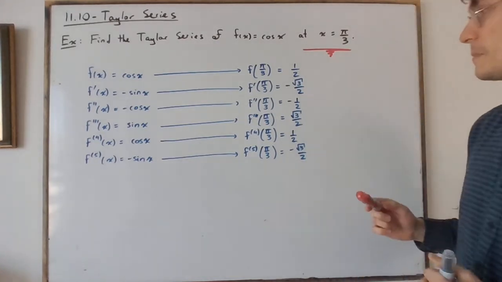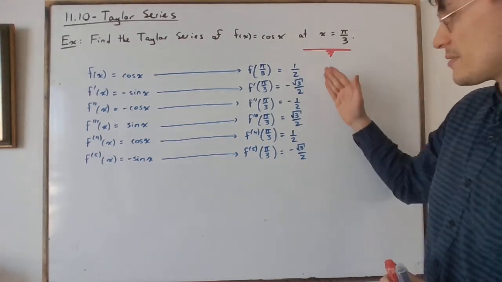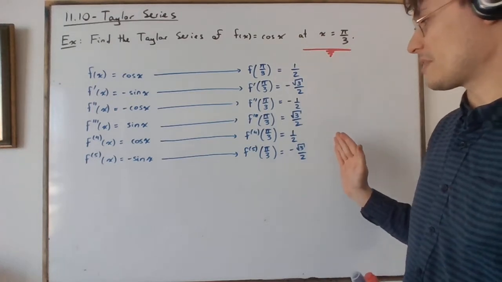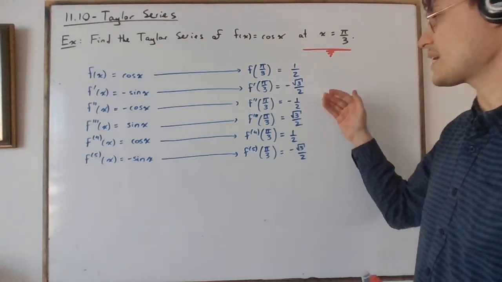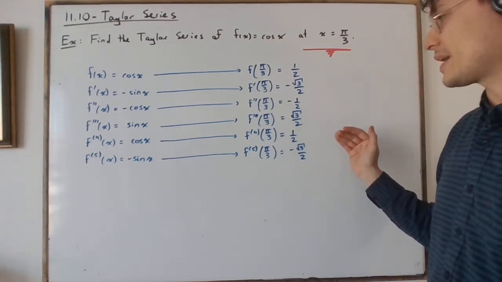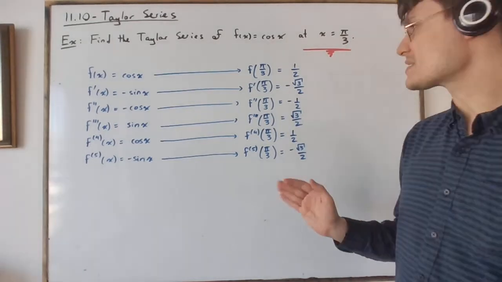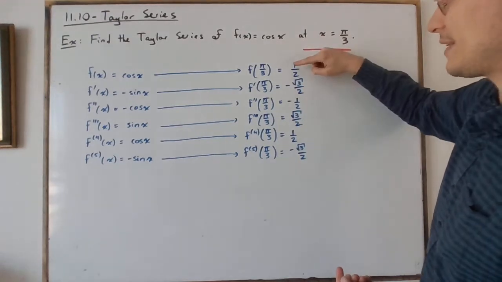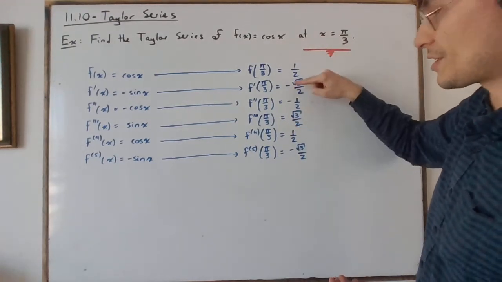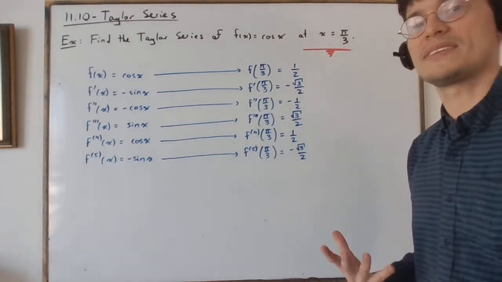So there is something to tackle about the signs, but there's also something to tackle about the values. The values alternate between 1/2 and root 3 over 2, but the sign also has a weird pattern. You have a double positive with a double negative. So how do we handle that?